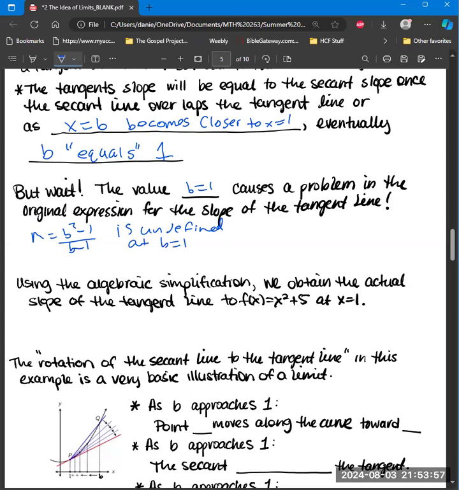We get 0 over 0, which is something in calculus that tells us that there's probably some algebraic simplification we can do with the limit. So we do some algebra, and we get that m is equal to b plus 1 when b is not equal to 1.